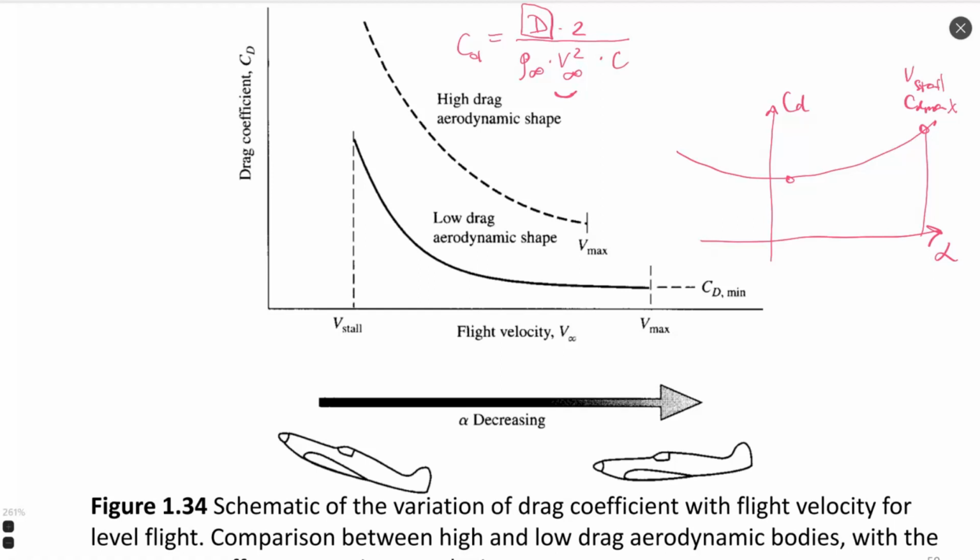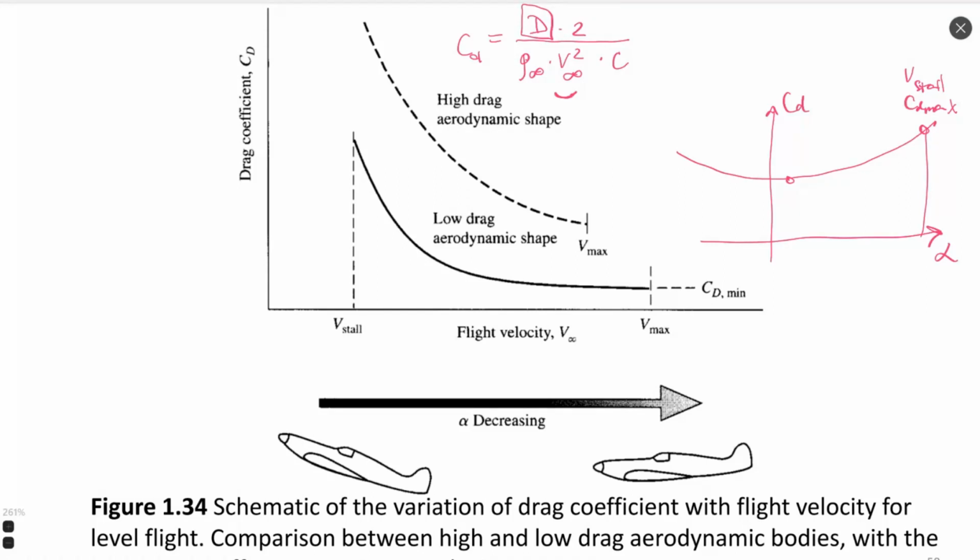Low drag aerodynamic shapes with the same value of drag or the same value of thrust can reach higher maximum velocity. You can see it from this picture here. Of course, in all these conditions, I did not involve thrust yet. Because definitely, why do supersonic airplanes fly faster?